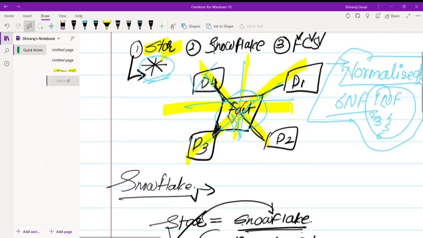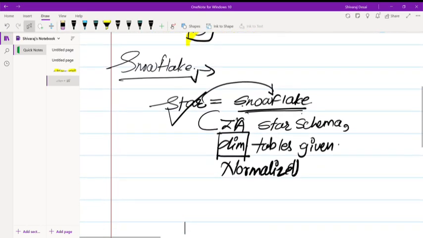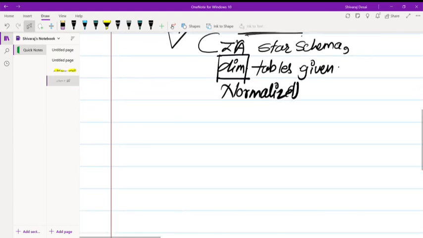The star schema has dimension tables in denormalized form, whereas in the snowflake, the dimension tables have to be in normalized form.